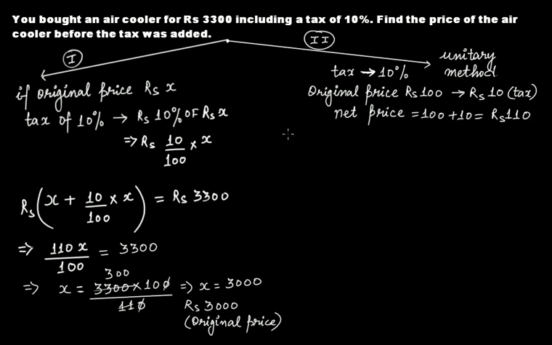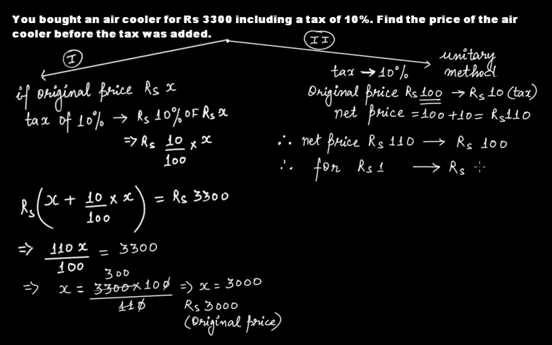Therefore, applying the unitary method, if your net price is rupees 110, then your original price is rupees 100. Therefore, calculate for rupees 1, you get rupees 100 by 110, right?